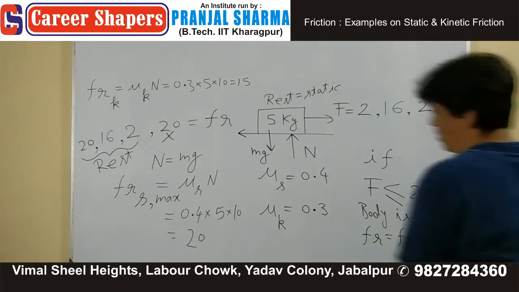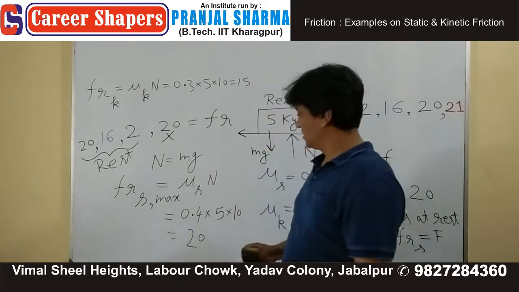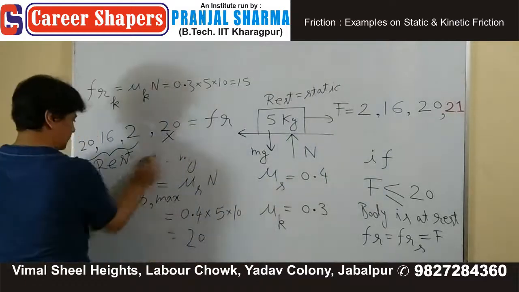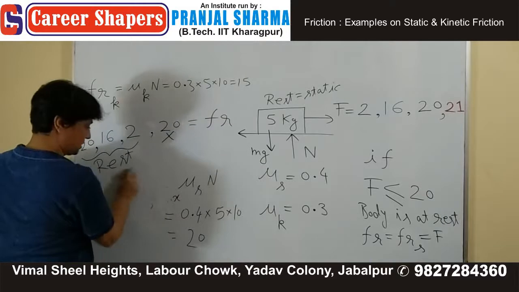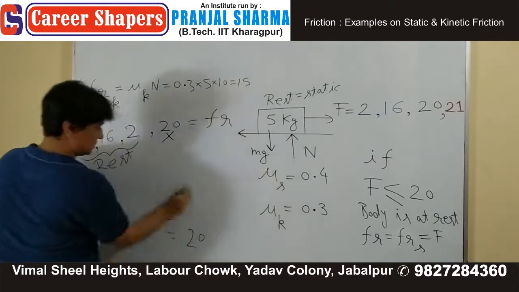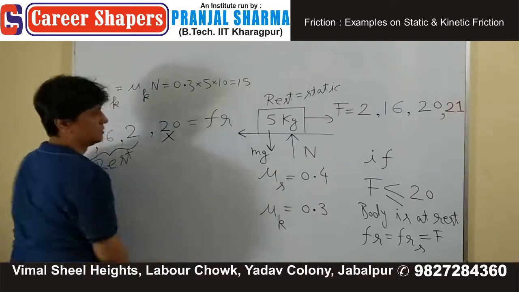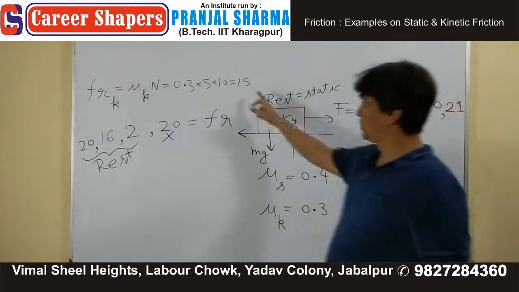Good. Some of you have produced the correct answer. And removing this, we have the information of Fr static. And those of you who have answered 20, just look here.